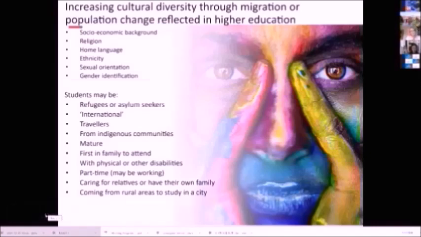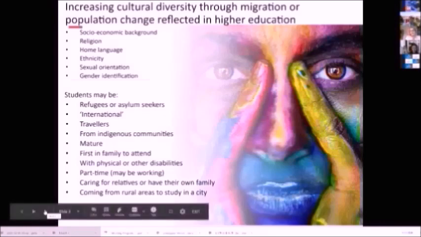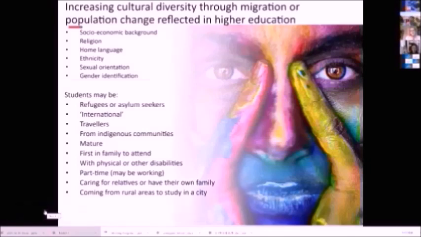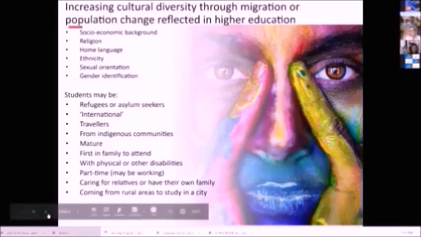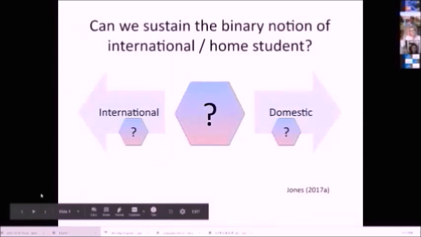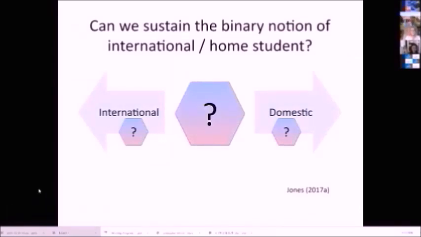And having said that, I think we also need to think about what we mean by international students. So if we could go to the next slide, the idea that we can continue to think about international or home students in this kind of binary divide that we have is very difficult to sustain. We need to bear in mind that great diversity that we have in our classrooms. And of course, we need to think also about intersectionality.